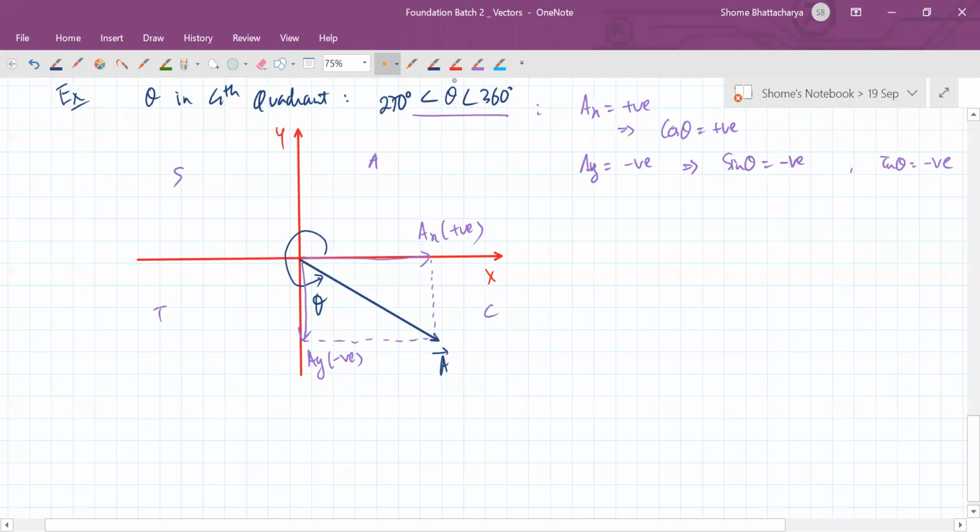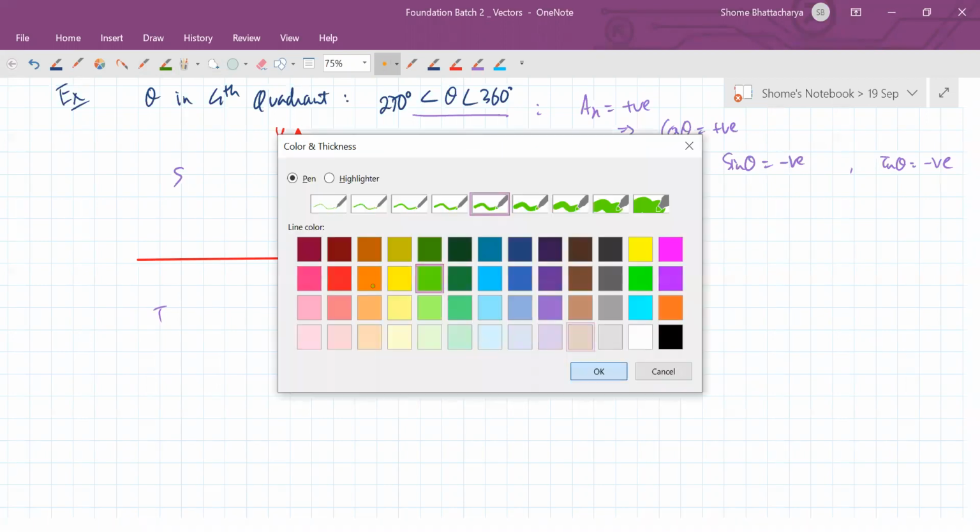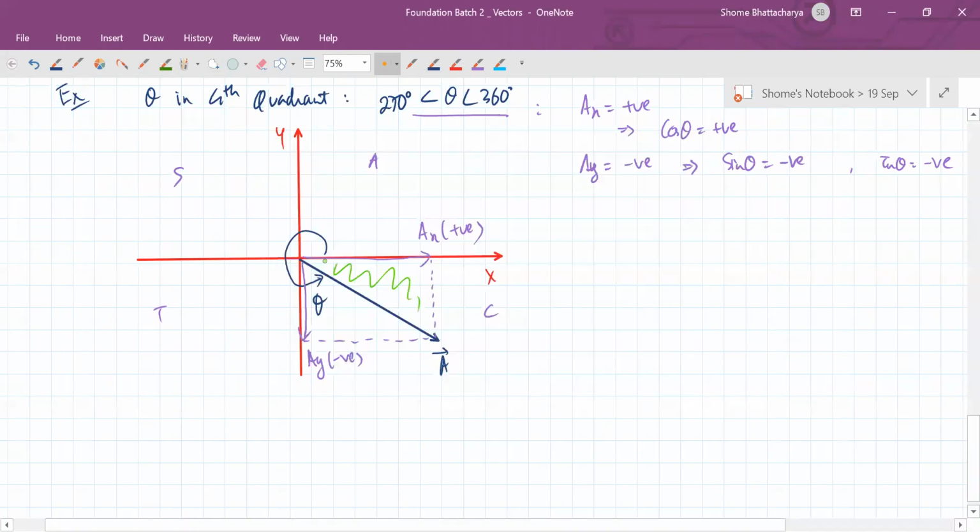And now further, as far as formula is concerned, so this time for this triangle here, you take this angle here as beta. So you can see that you can write beta as 360 minus theta.